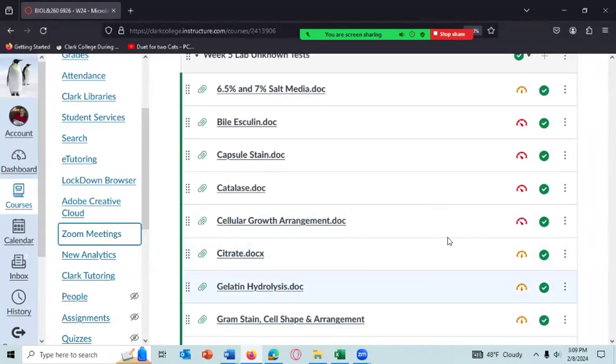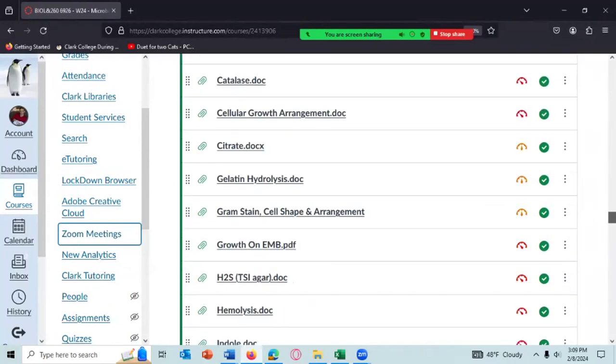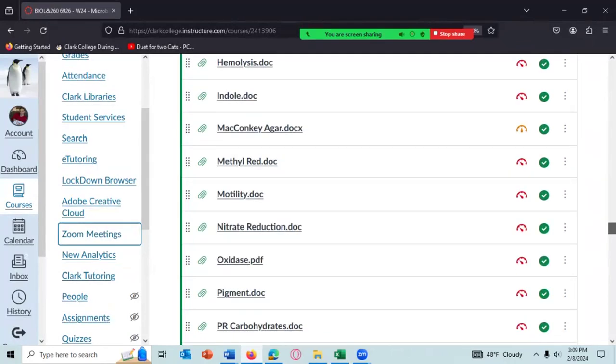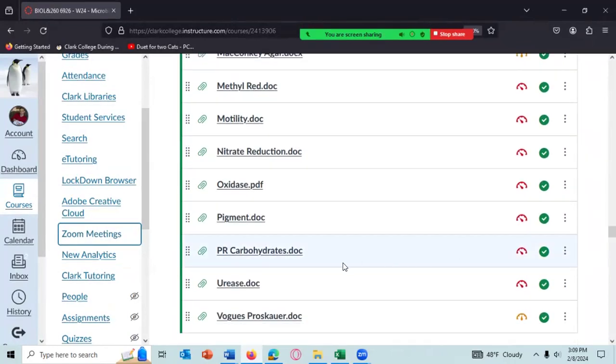They will not be there. Instead, they're under PR carbohydrate because all of them are fermenting a sugar and all they have is a different sugar. So they're listed here under PR carbohydrate, and then you use this for each of the different sugars. Any question about that?